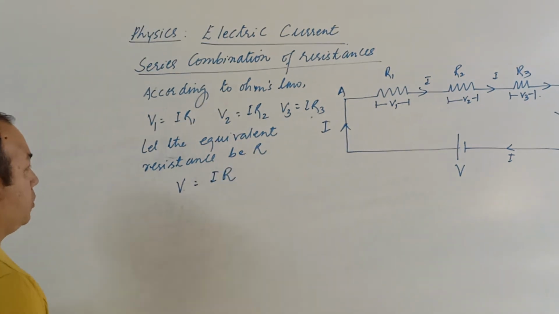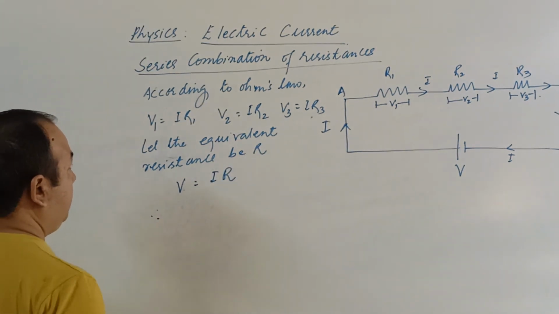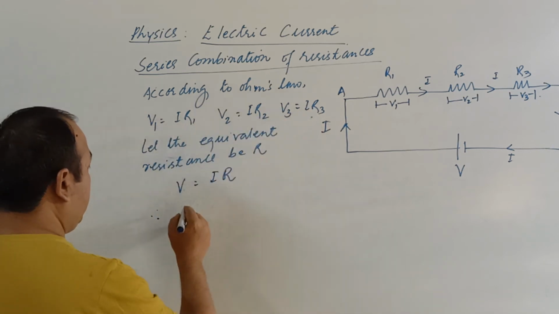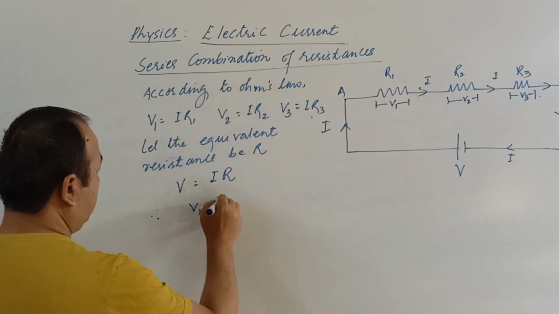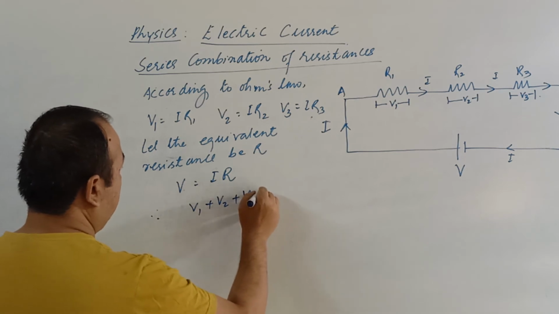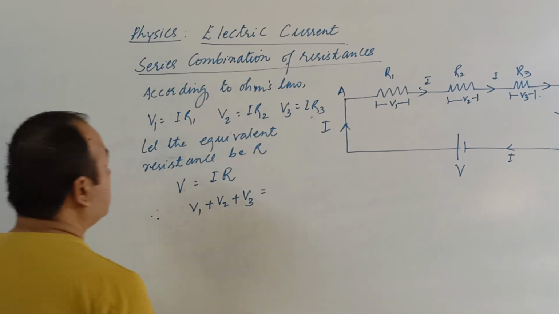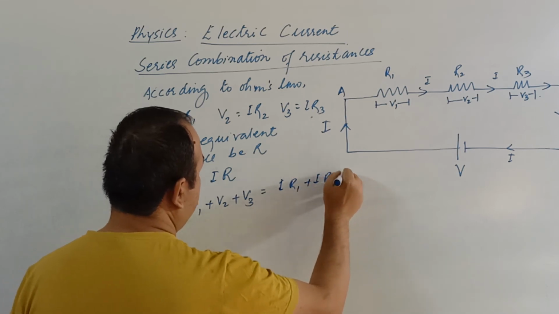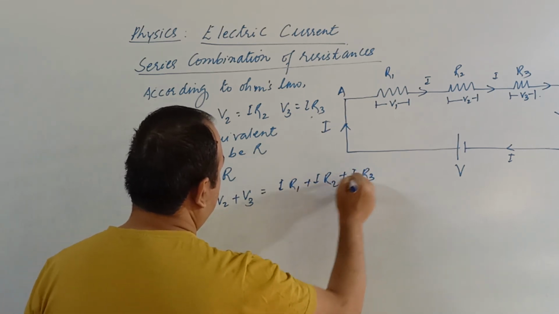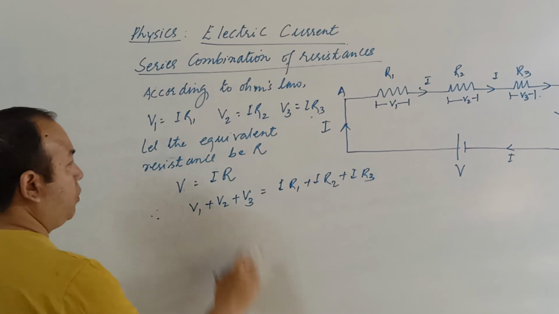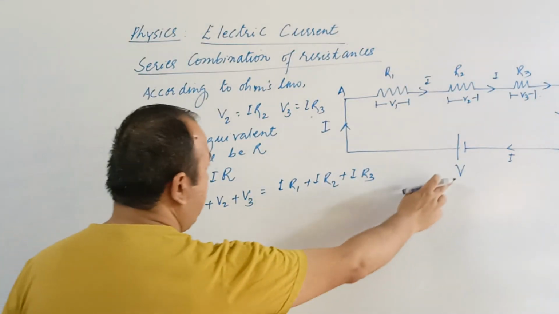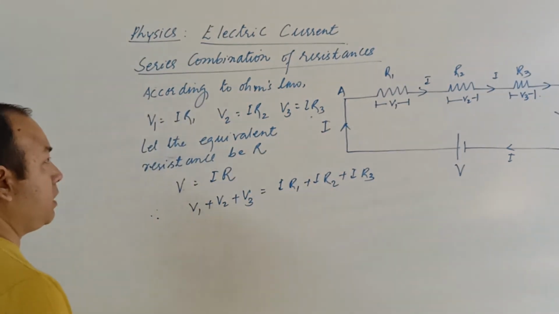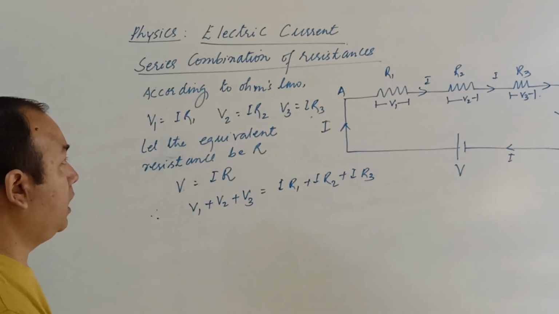Now if you add all these three, we get V1 plus V2 plus V3 is equal to I R1 plus I R2 plus I R3. The sum of the three potential differences should be V, the total potential difference applied across the two ends of the combination.